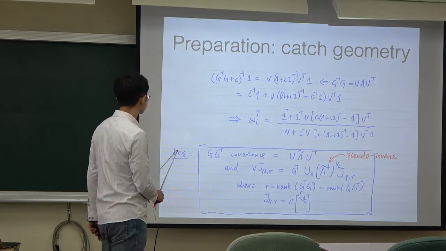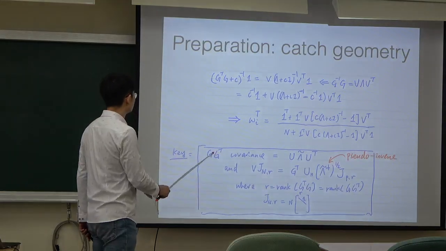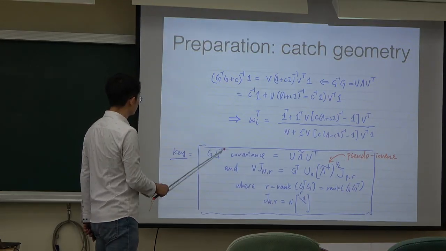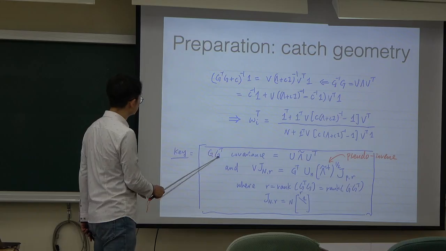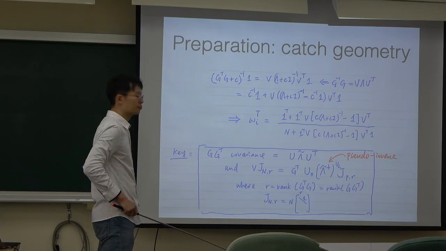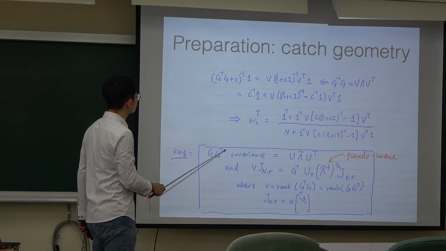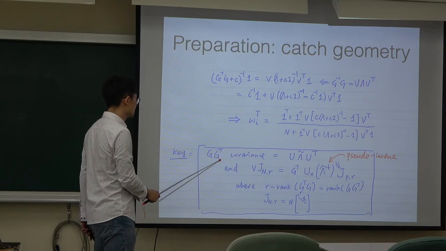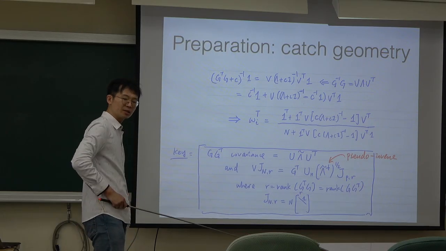So you can see here, G transpose G is a Gram matrix, and G G transpose is the covariance. And they are related.